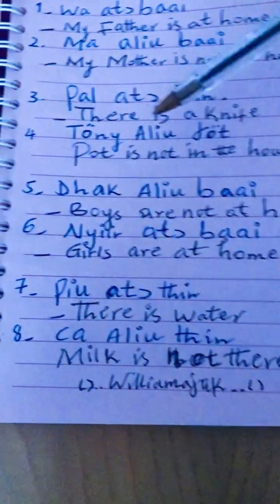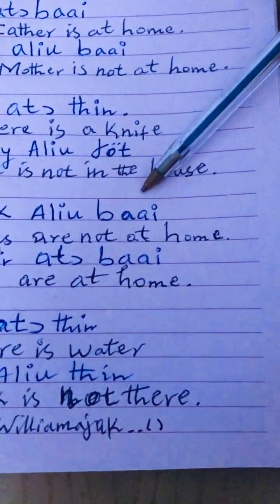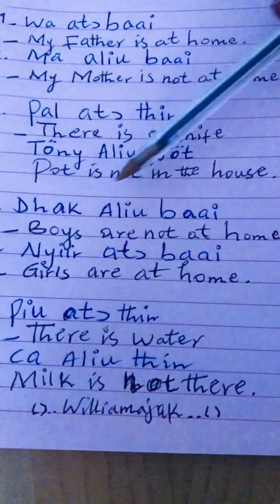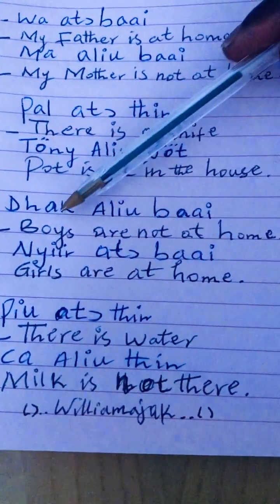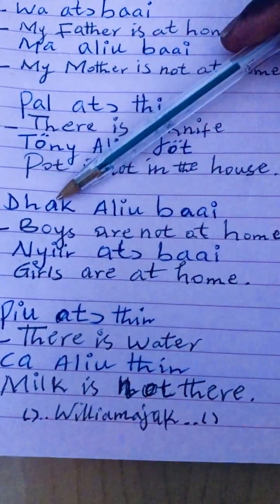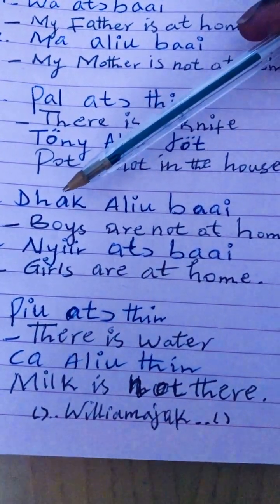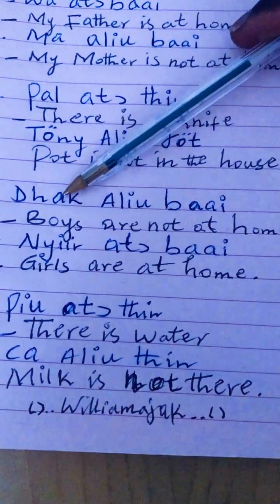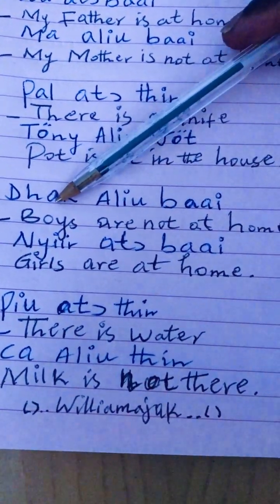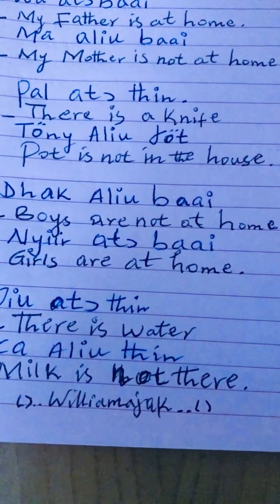Number five we need to know is dak aliu bai. Dak is the plural of boy, so it means boys. Aliu means absent. Bai means home.